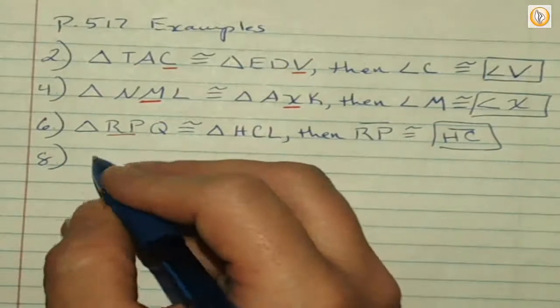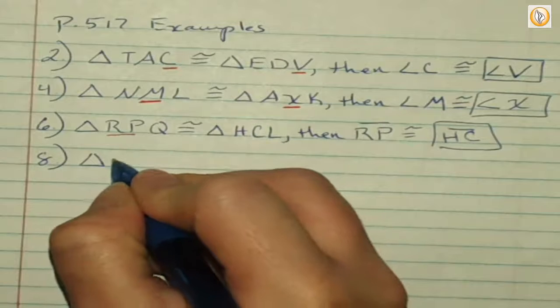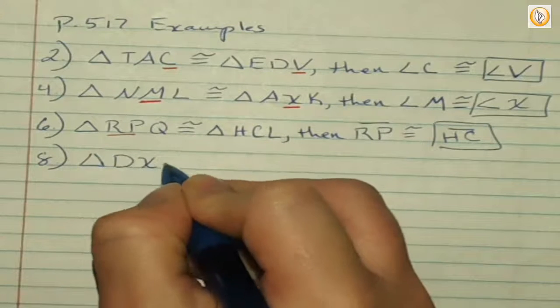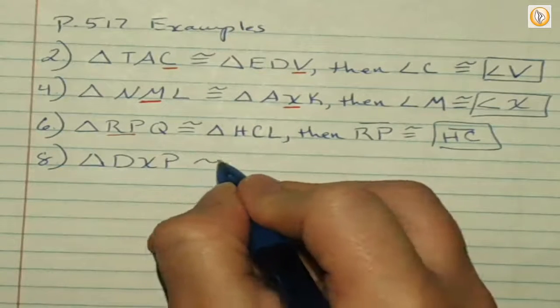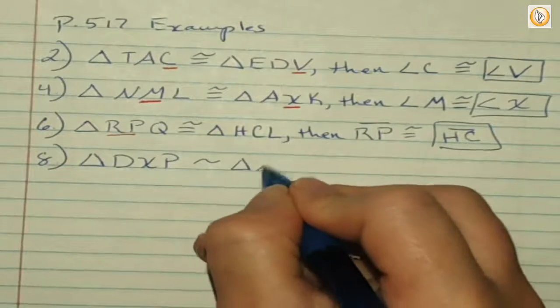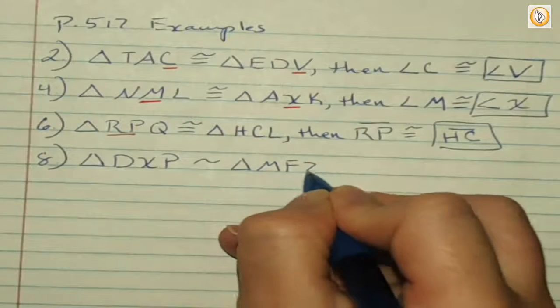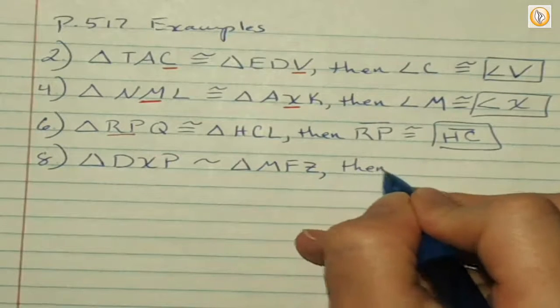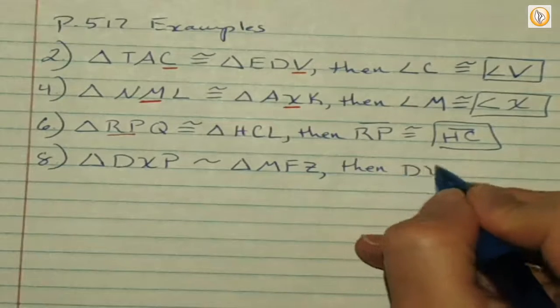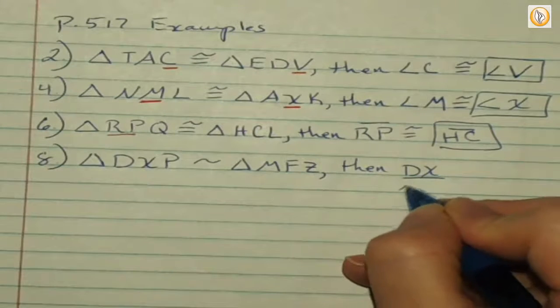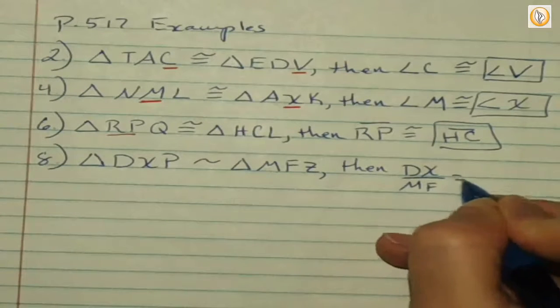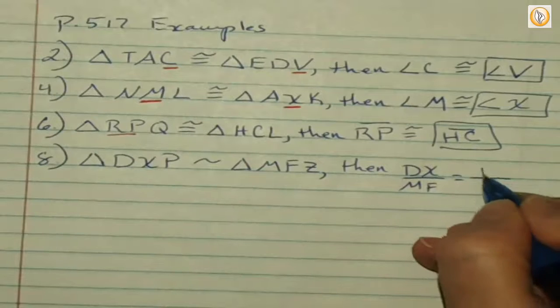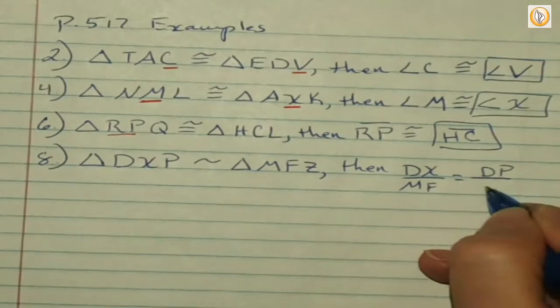So if triangle DXP is similar to triangle MFZ, then DX over MF is equal to DP over what?